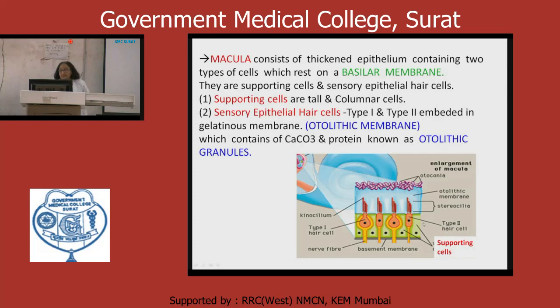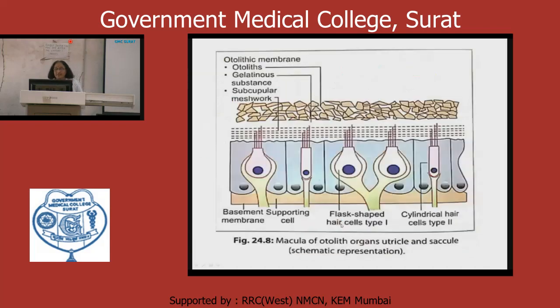From the apical portion of the cells, you can see one long process called the kinocilium. Again, you can see the flask-shaped type 1 hair cells, the cylindrical columnar type 2 cells, and the supporting cells, which are tall and columnar.